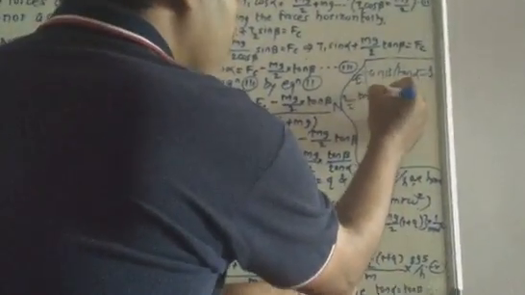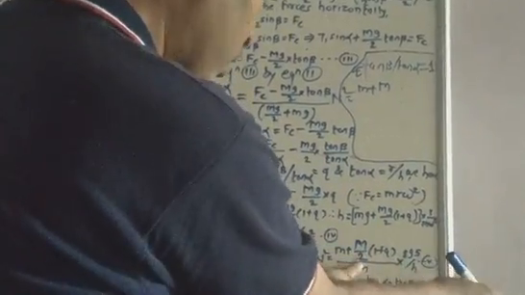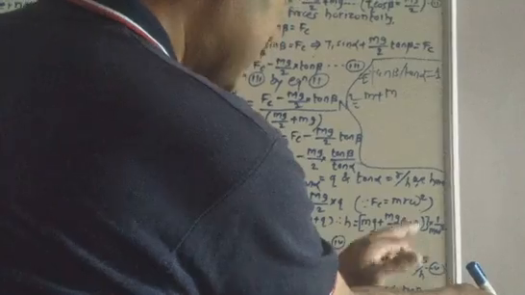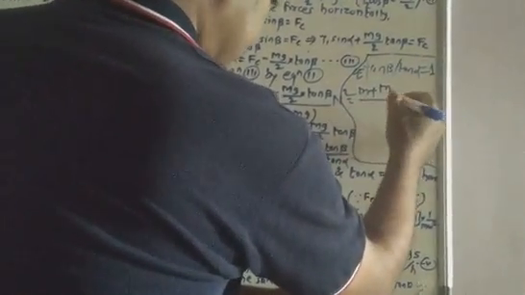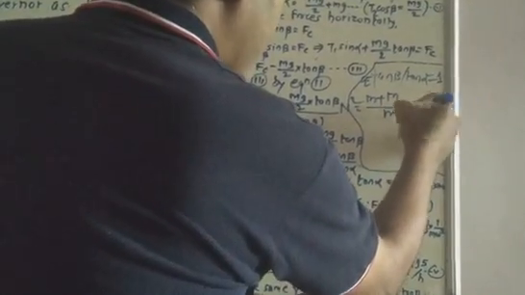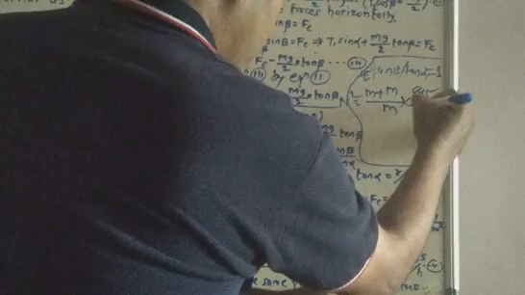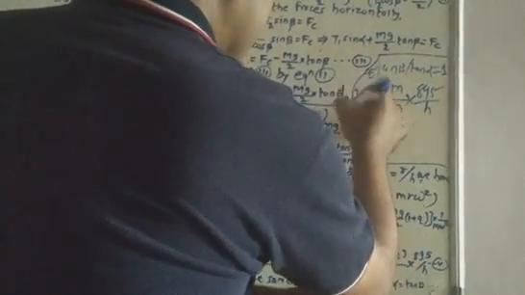If I substitute Q equals 1 into this equation, then n square equals small m by 2 into 1 plus 1, means here 2 gets cancelled, capital M by small m multiplied by 895 divided by h.